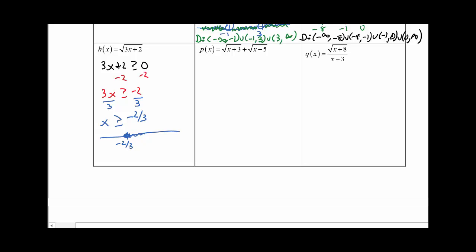And as long as I'm bigger than -2/3, then we're fine. So my domain statement for this function, notice it's closed, so I'll go bracket -2/3 out to infinity. So I've got an endpoint that's got a bracket on it, it's included in the interval notation.